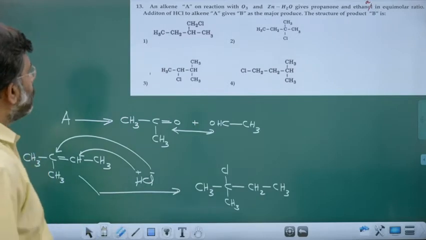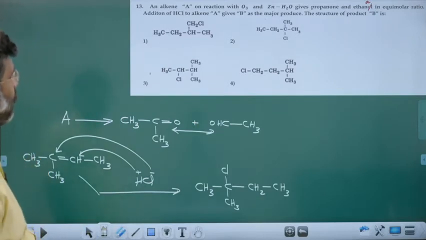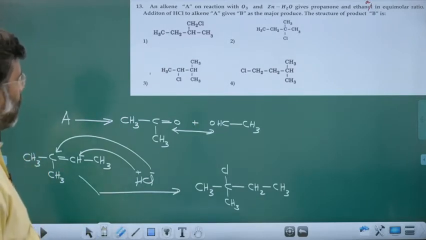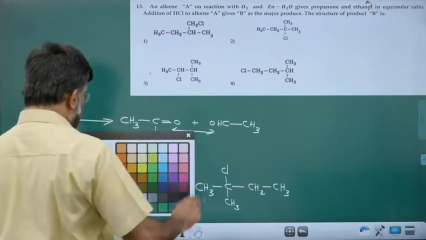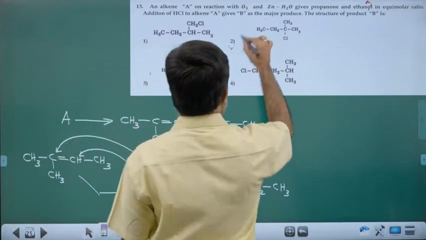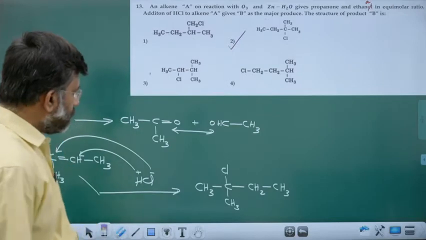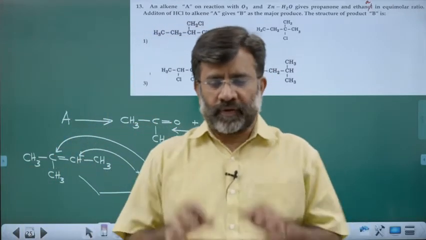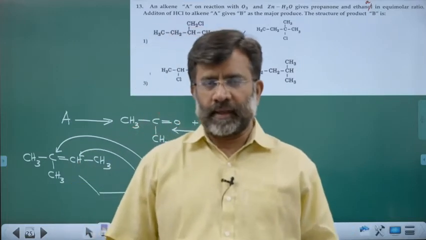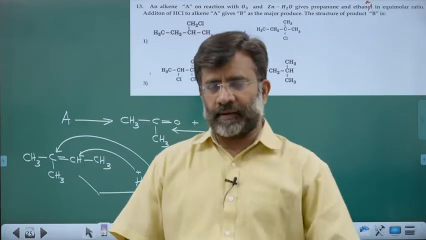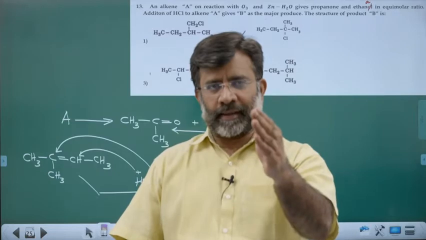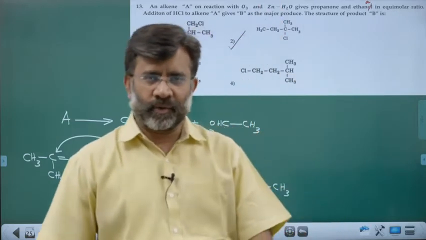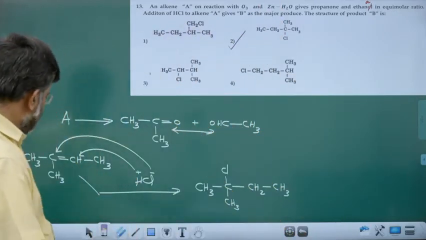That is B. Asked for identifying what is B. The structure of product B is... Got it? Second choice. That is the answer. So from the ozonolysis product, identify what the alkene is, and now take that alkene for Markovnikov addition to get the answer. Next.